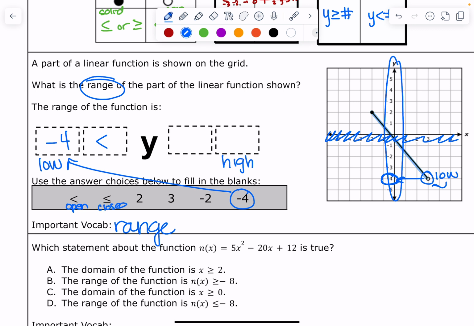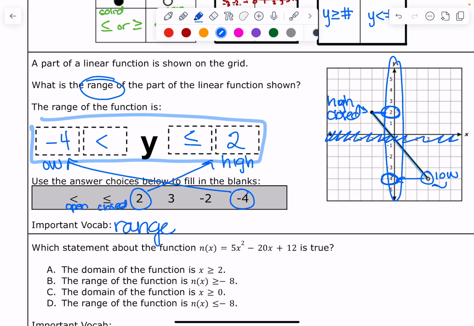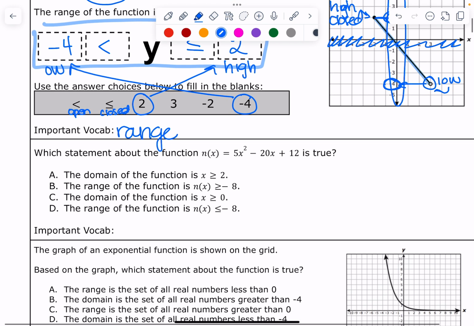This is closed. So now if I look for my highest number, right here, the highest point, that's going to be 2. Highest goes where highest is at, 2. And this is a closed point. So we get the closed symbol. This would be your answer. We are now done with this question. Okay, that's your answer. So going to the next one.